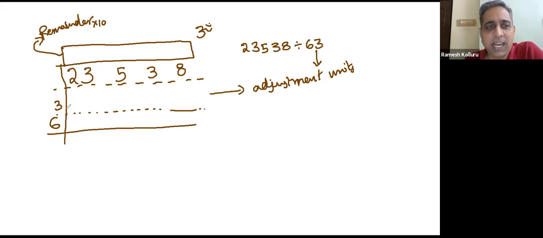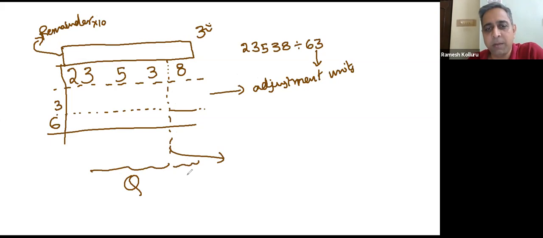Then there is one more dotted line I want to make. This is the line for demarcation of the quotient and the remainder part or decimal part, whichever way you take it. So again I'm explaining 23538 by 63.